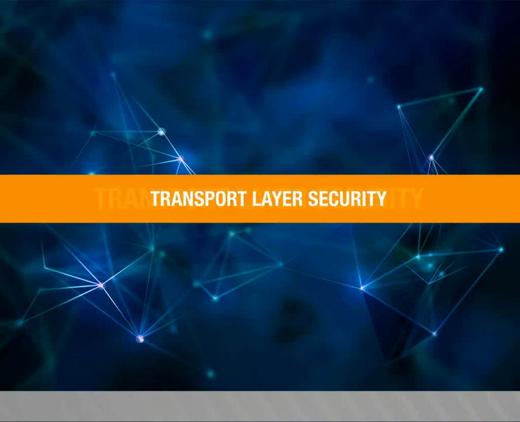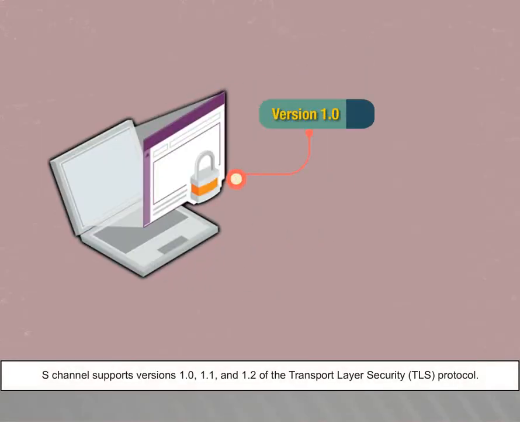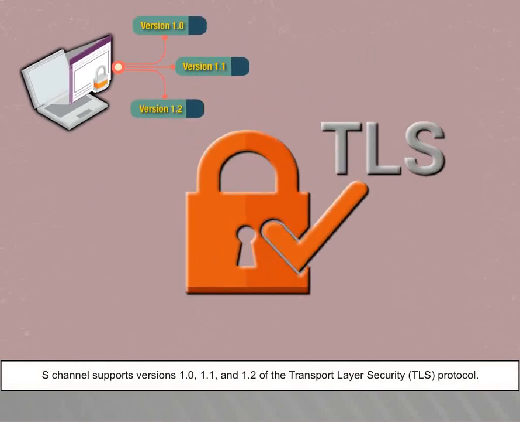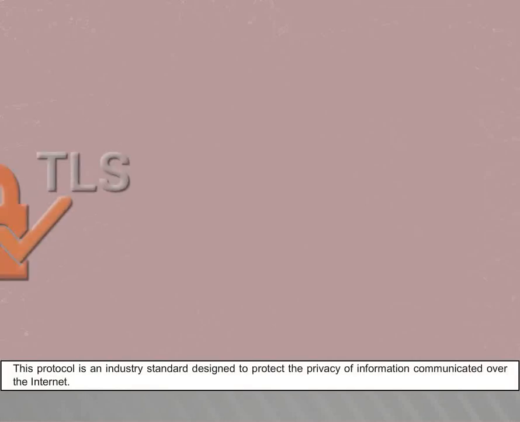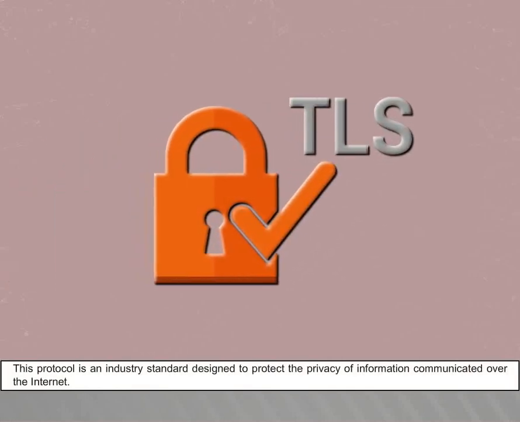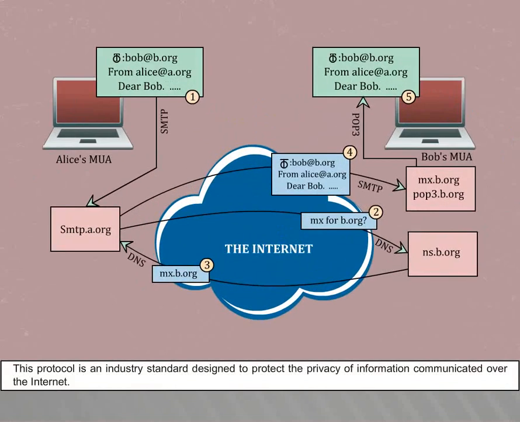Transport layer security. In this video, we are going to see about transport layer security. S-channel supports versions 1.0, 1.1 and 1.2 of the transport layer security (TLS) protocol. This protocol is an industry standard designed to protect the privacy of information communicated over the internet.